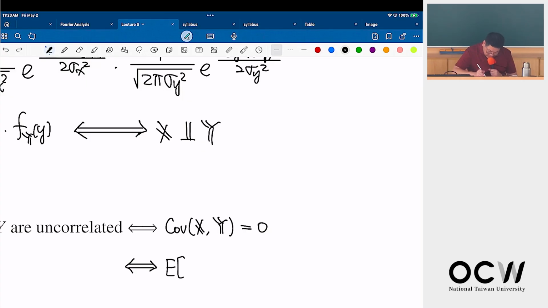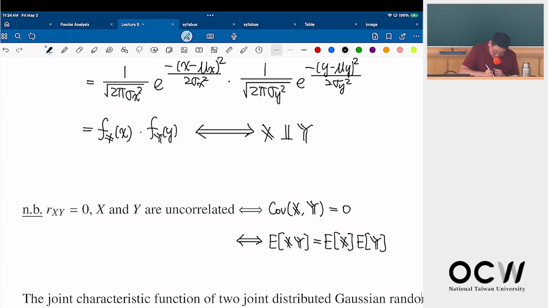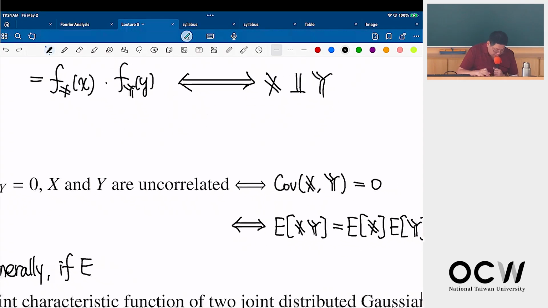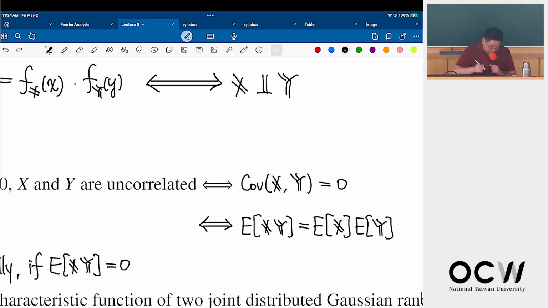the correlation is the multiplication of each expectation. And generally, if the correlation of X, Y is 0, then we just say that X and Y are orthogonal.